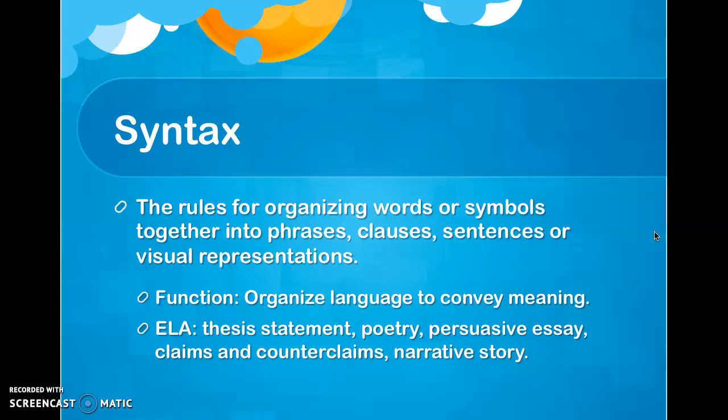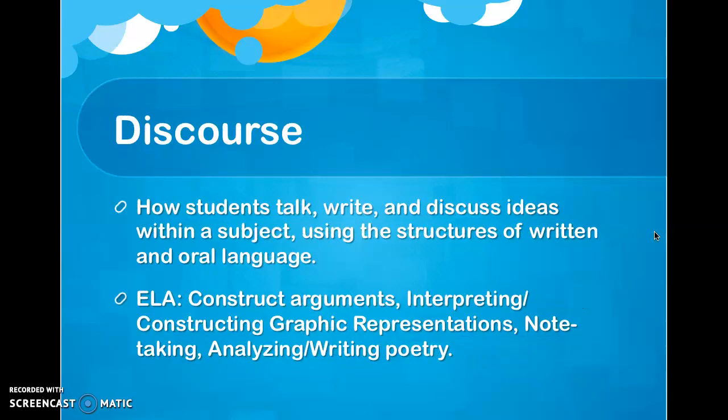Moving on to discourse, this speaks of how students talk, write, and discuss the ideas within a subject, utilizing the structures of written and oral language. Within the English language arts, this could be the ways that they construct arguments, whether as they write them down or in a group where they argue for specific claims within a text, the way they discuss that, come up with their ideas, and justify their claims through textual evidence.